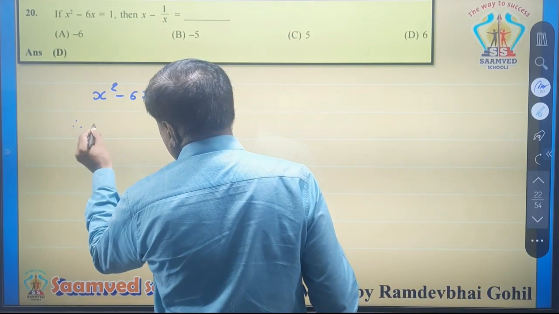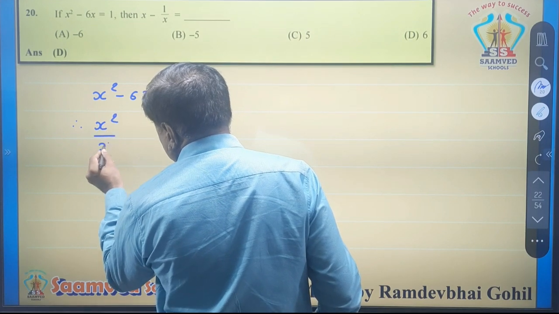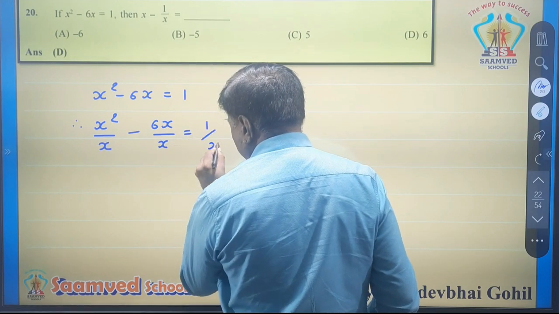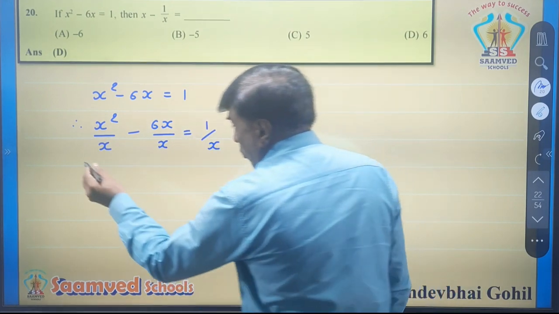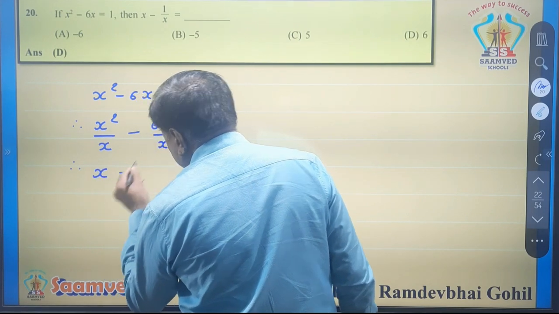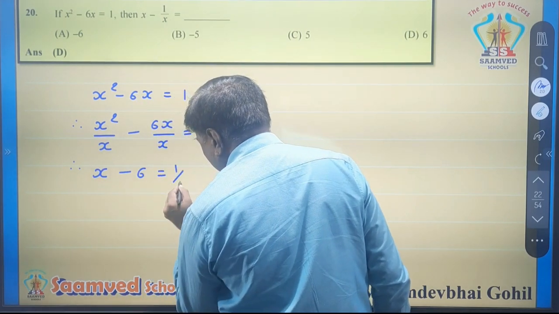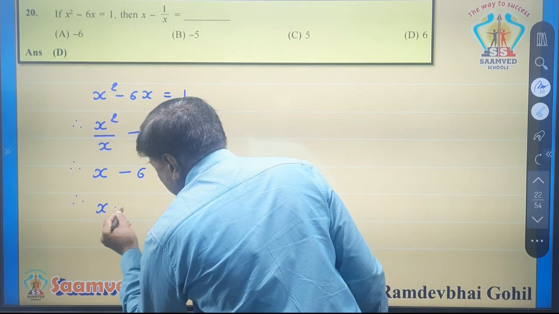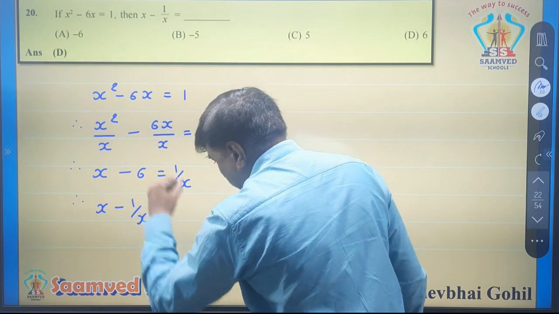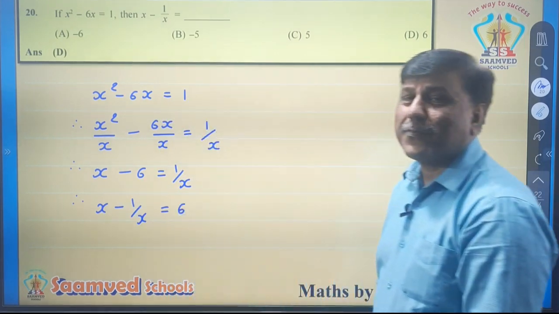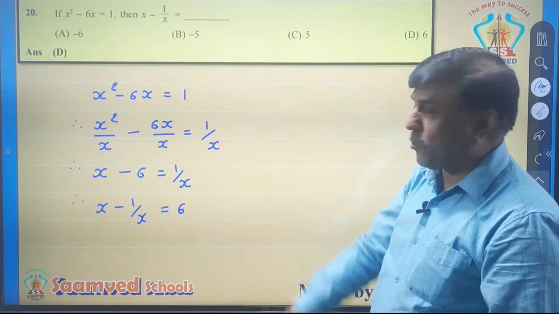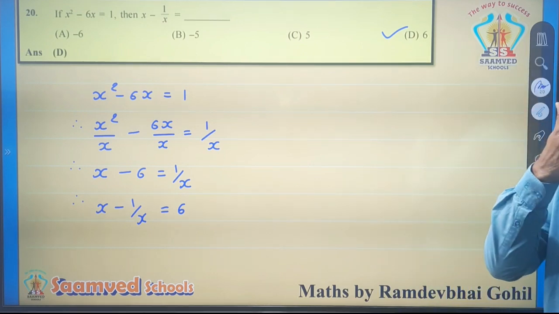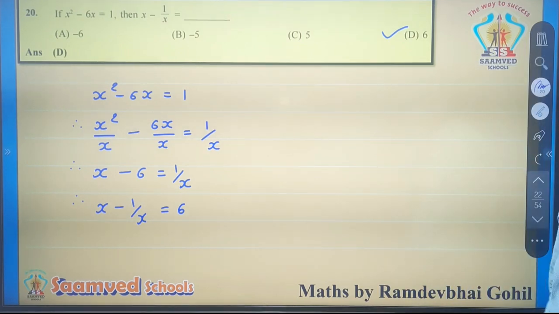If you divide this equation by x, then x square upon x minus 6x upon x is equal to 1 upon x. So it will be x minus 6 is equal to 1 upon x. Therefore, x minus 1 upon x is equal to 6. So the answer will be option D. Clear?